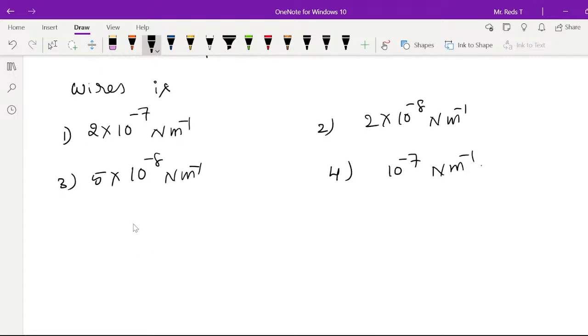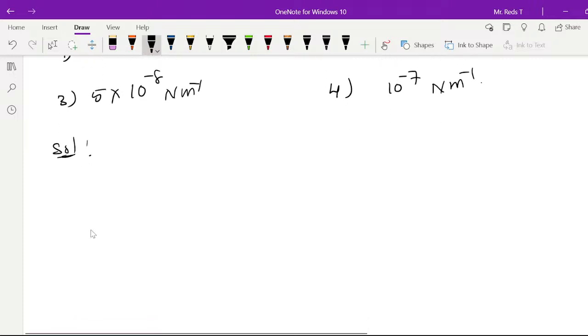The force between them. So in general, if you have two parallel current carrying conductors, two parallel wires at a distance of 1 meter each, that means distance between them is d equal to 1 meter, and both of them carry 1 ampere current.